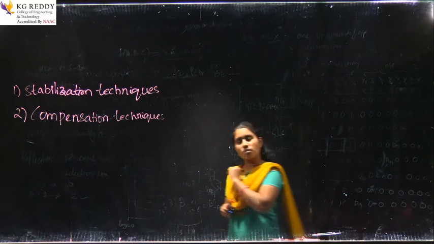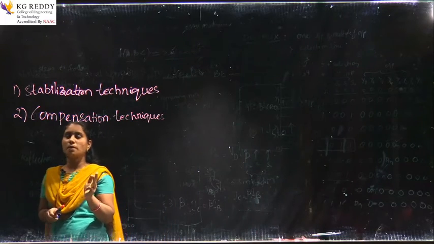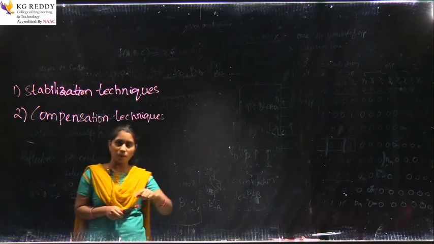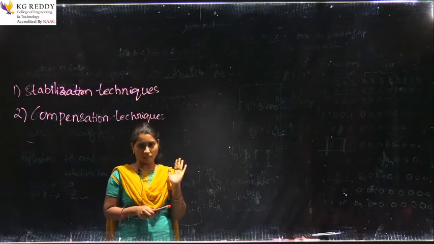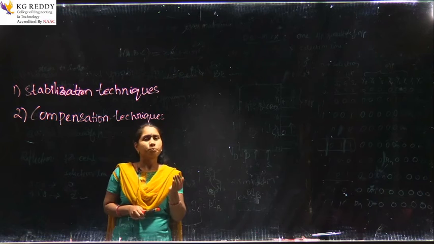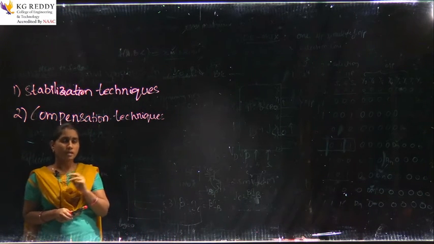If the temperature varies, these three parameters vary and shift the operating point either to saturation or cutoff by varying the collector current. So, in stabilization techniques we will discuss the three stability factors.